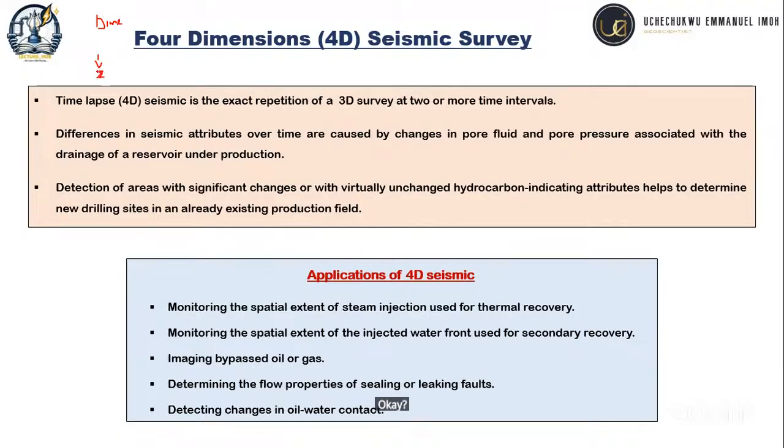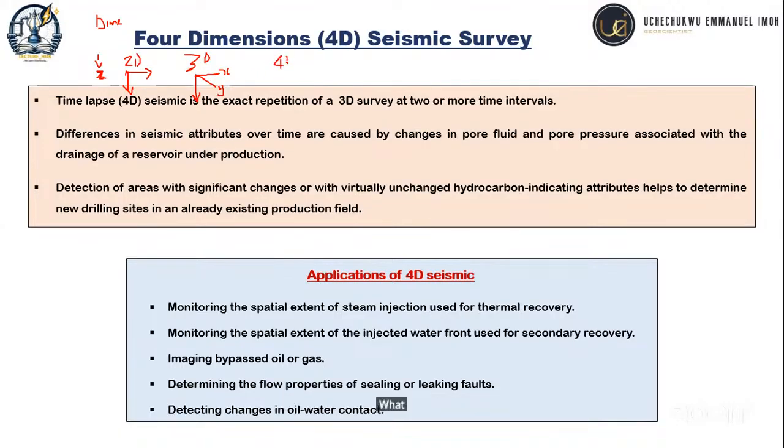Only the vertical is the direction of paramount interest. When they say 2D, your vertical and your horizontal are the directions of interest, okay? When they say 3D, your vertical and your horizontal in X and Y are the directions of what? Interest.